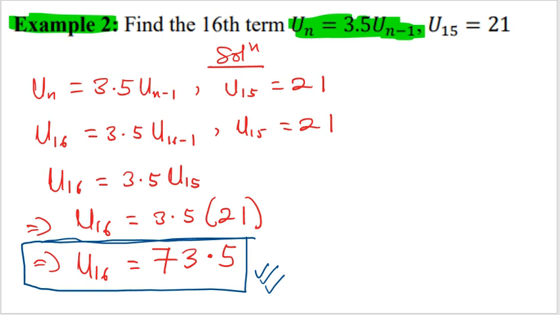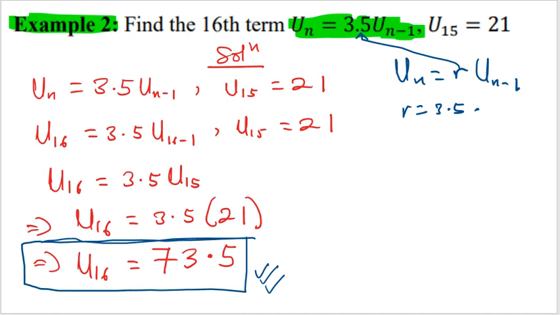The recursive formula is given as Un is equal to r Un minus 1, so you can see that r is 3.5. By comparing, we see that r is equal to 3.5. That is our common ratio, but we don't even need that one.